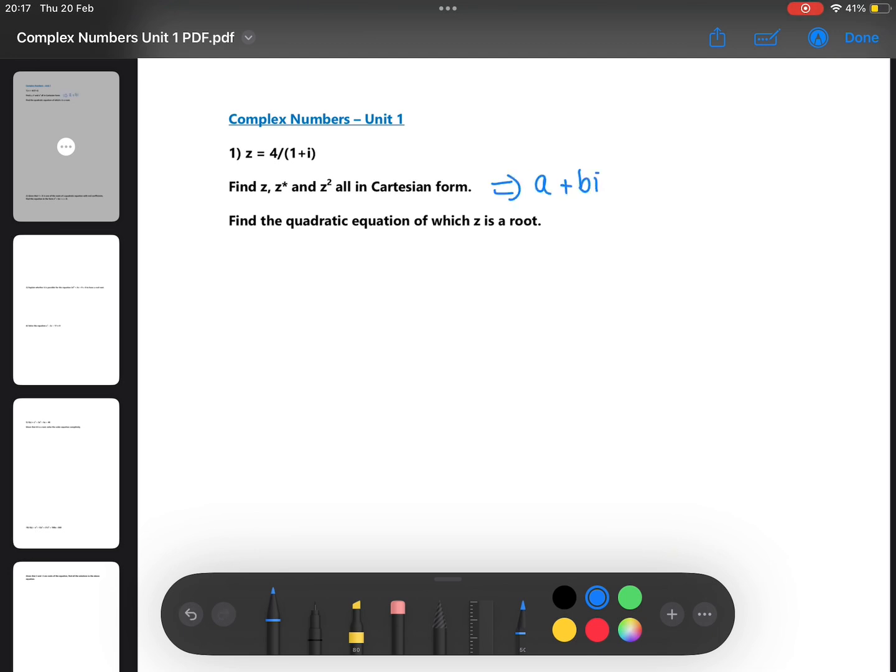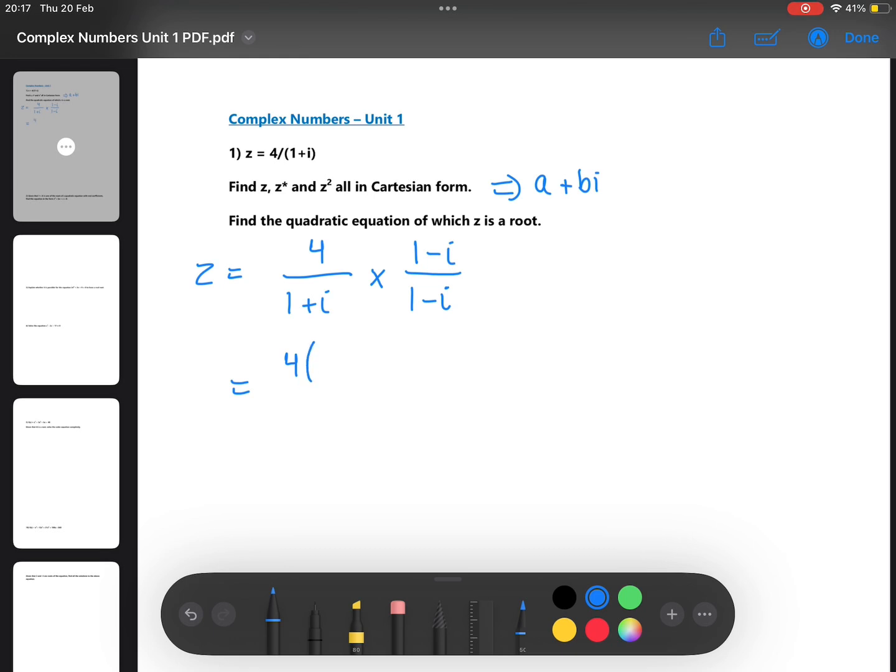So for z, which is equal to 4 over 1 plus i, what we're going to do is essentially rationalize this by multiplying by the conjugate over the conjugate, and that will eliminate the i's from the bottom, which is going to give us Cartesian form.